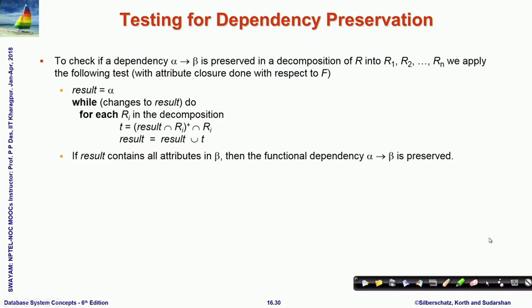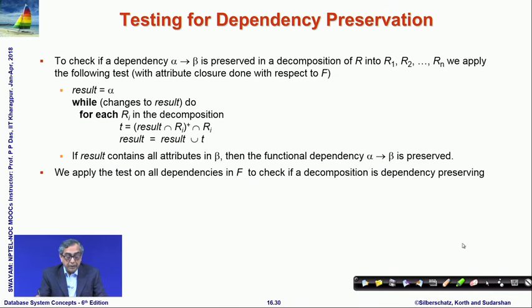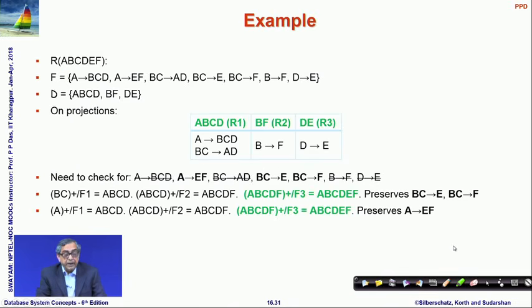So, here I have written down the algorithm to test if a decomposition actually preserves the dependency or not. I will not go through the steps, I will leave that for you to understand, but I will just show you a simple worked out example and reason on that.